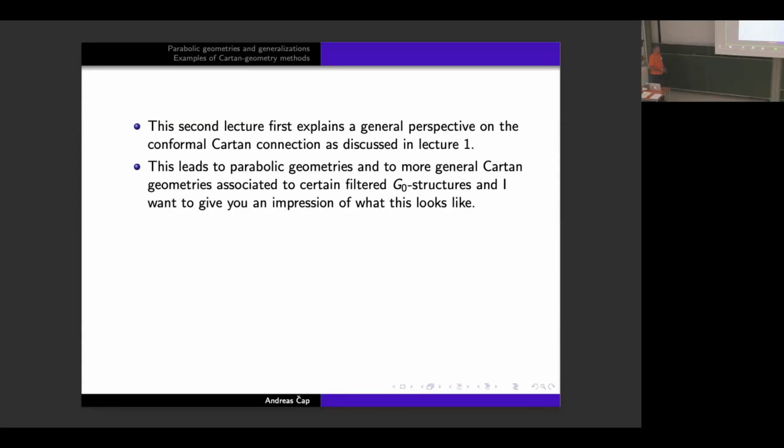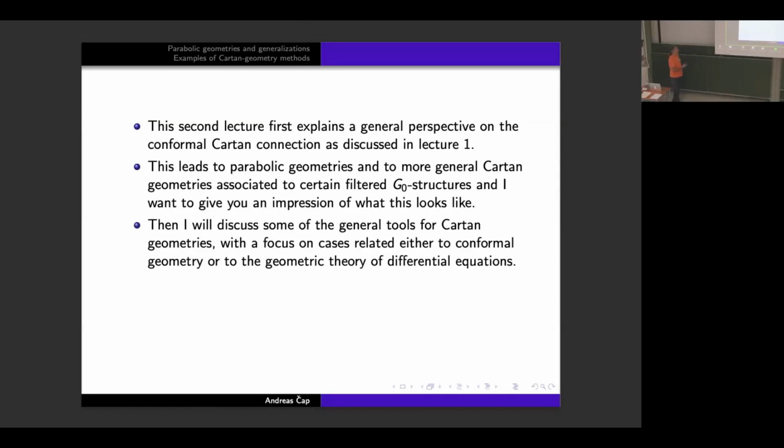Yeah, I should say I just want to give you an impression what this looks like. So I will not be precise in all details, and there are lots of technical points that I'll just move over. So don't take everything I say up to the last epsilon. It will not be true up to the last epsilon. But I hope to convey the right picture here.